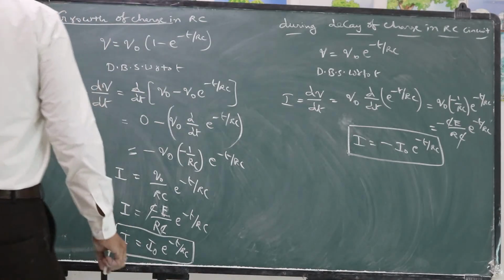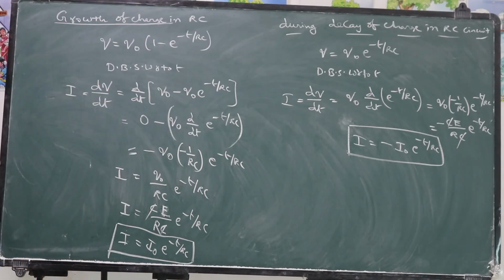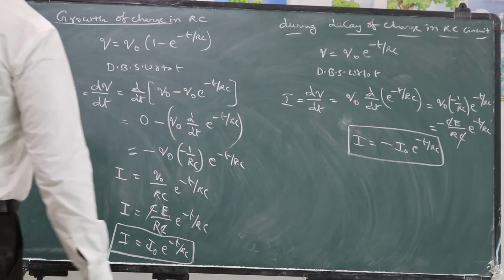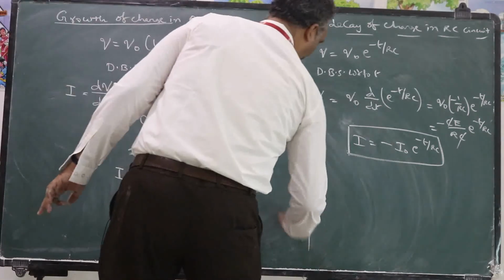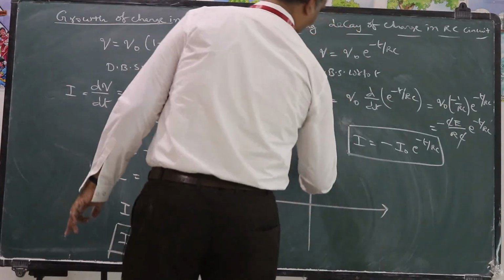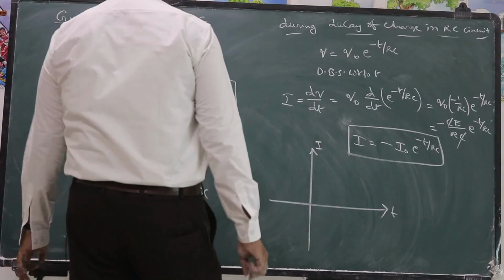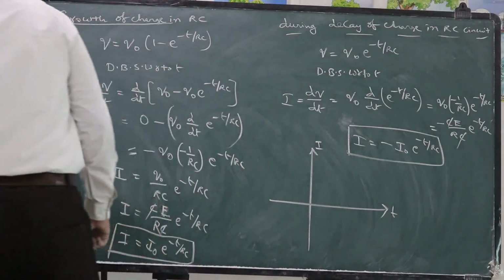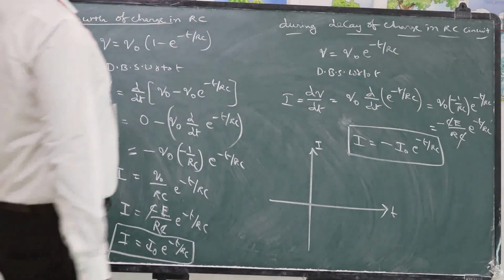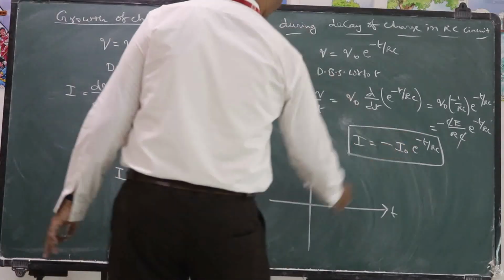That's why if we draw a graph between current and time, current is here, time is here. At time t is equal to 0, e power 0 is 1, so it is minus I naught.